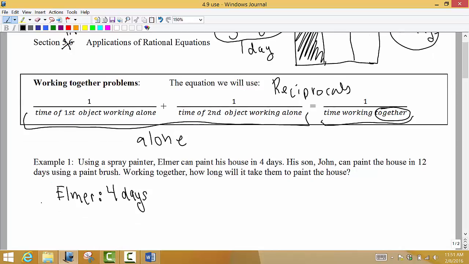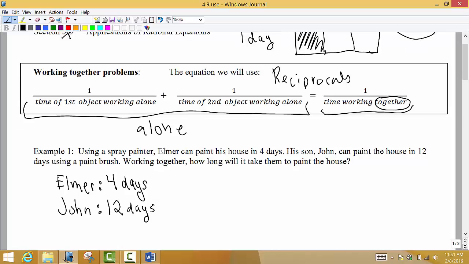Now, it says Elmer's using a spray painter, but John is using just a paintbrush. So it takes John 12 days to actually paint the entire house. So we're going to have alone times, so how much it takes for each one to do it alone, and then we're going to have a together time. Together, how long will it take them to paint the house? Well, I don't know, so we're going to call that x.